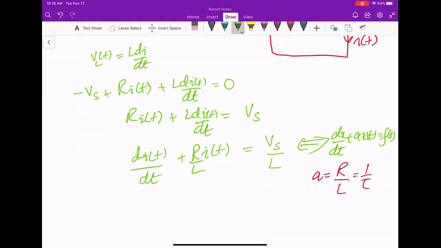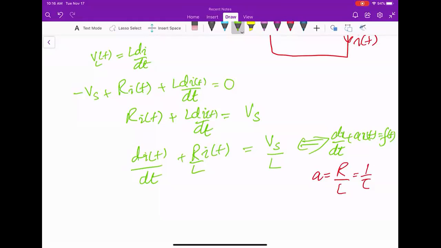Because I divided L by the whole equation, but I did not divide R by the whole equation, right? Okay, so what I was saying is that my 1 by tau is R by L, right? Sounds good?